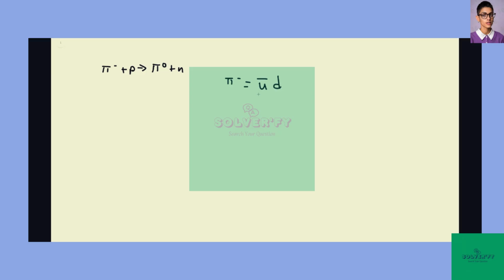Sorry, let me pull this table up here. Okay, here it is. So the anti-up quark has a -2/3 charge, and a down quark has a -1/3 charge, so it gives a -1 charge. Baryon number is equal to 0, so -1/3 plus 1/3. Strangeness, charm and bottomness must all equal 0, so that gives you your minus pion.